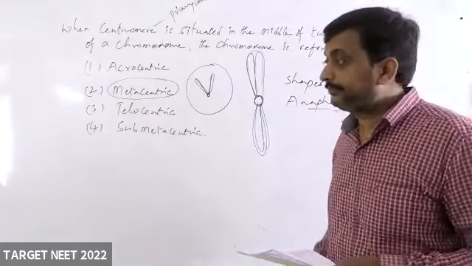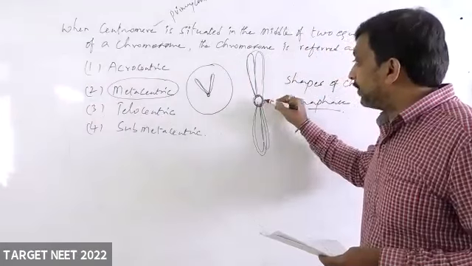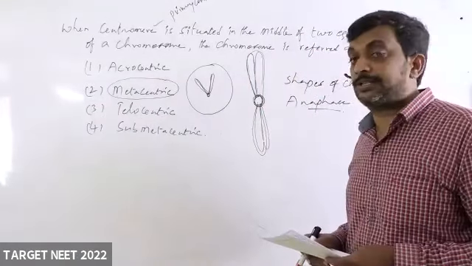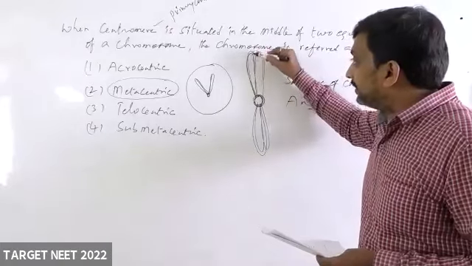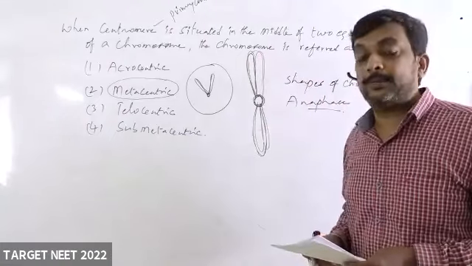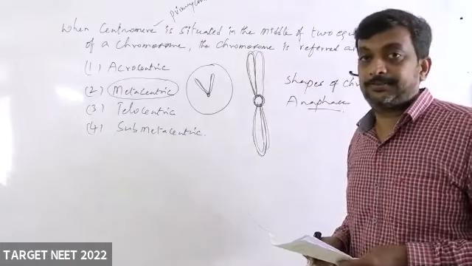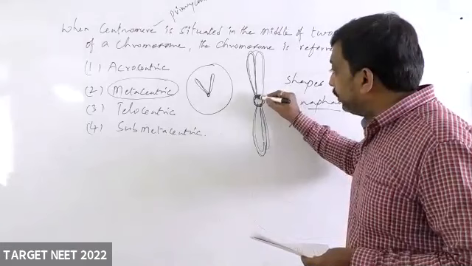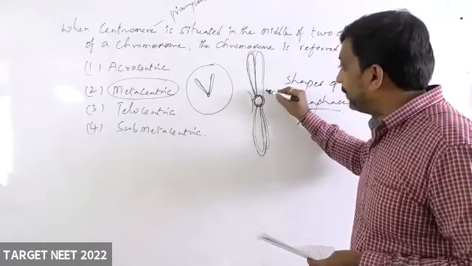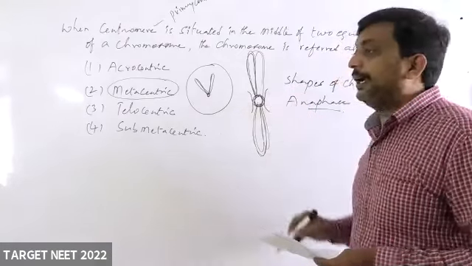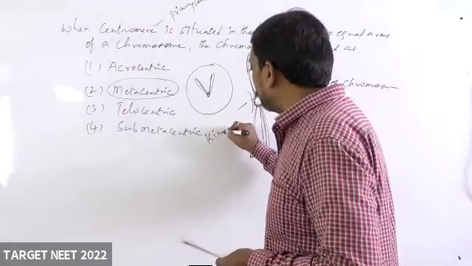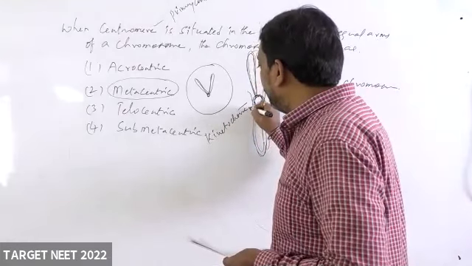Now, this centromere has been called the primary constriction, where the chromatids bind or attach. Around the centromere you can find a disc-shaped protein, which is what we call the kinetochore.